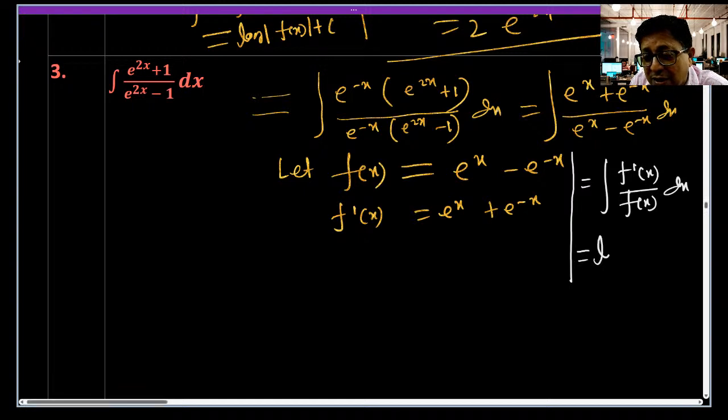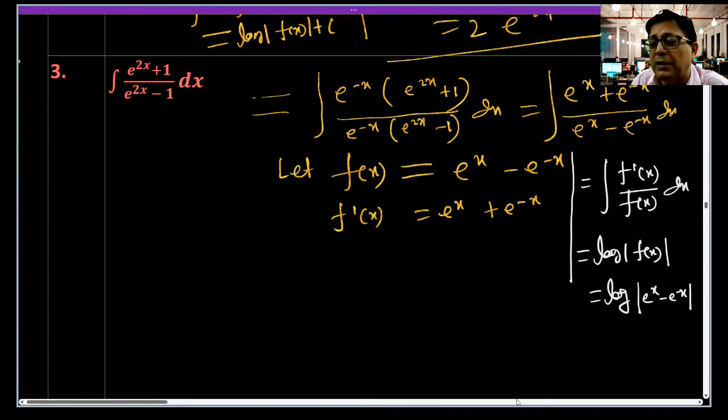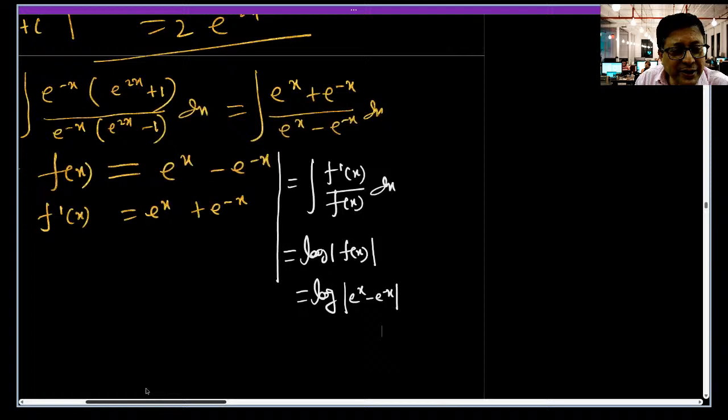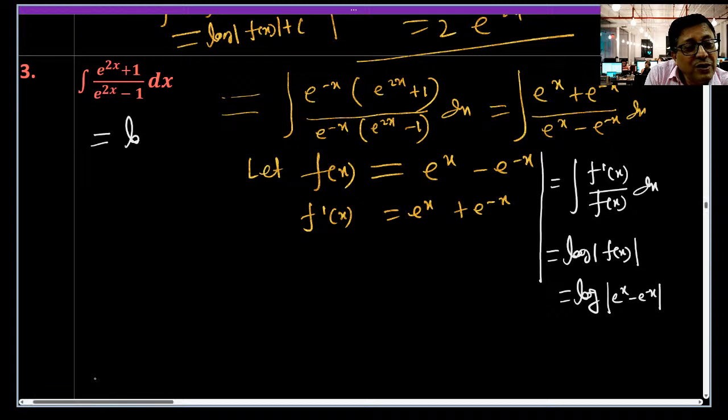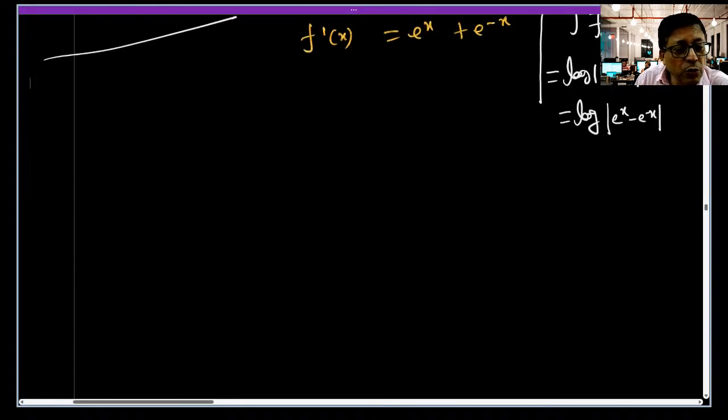What is its answer? Log of mod of f(x). Clear? Understood? So the answer to this problem will be log of mod of this plus c. Understand? Go for the next one.